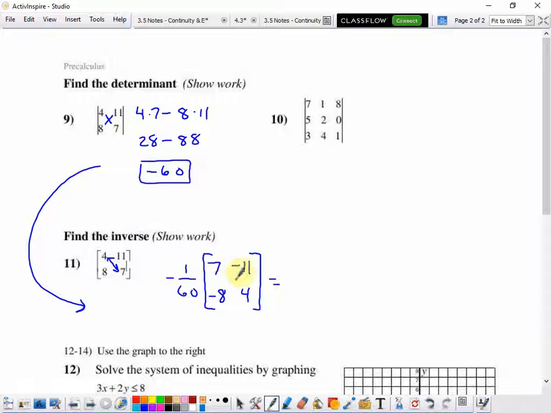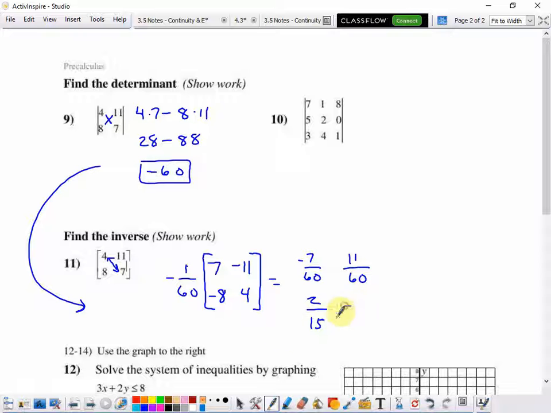So now we multiply everything by the scale factor. So we get negative 7 over 60. Negative 11. Negative times negative is positive, so it's positive 11 over 60. Negative times negative, we're going to get another positive, and it's 8 over 60. 8 over 60 simplifies to 2/15.